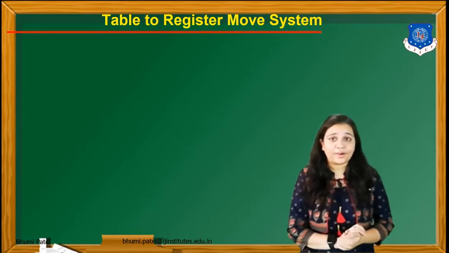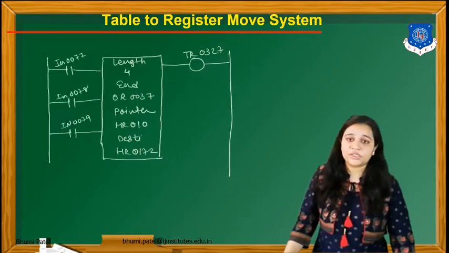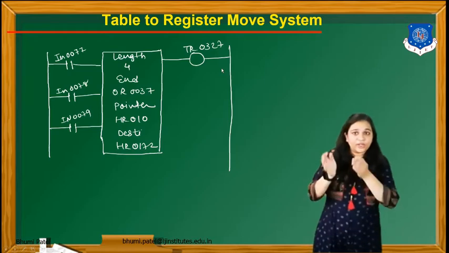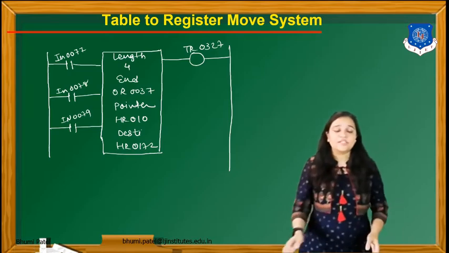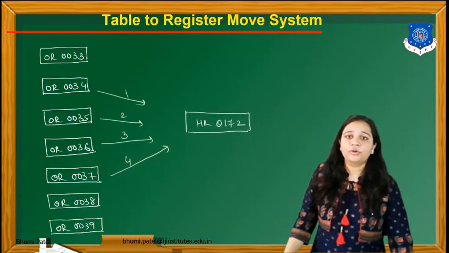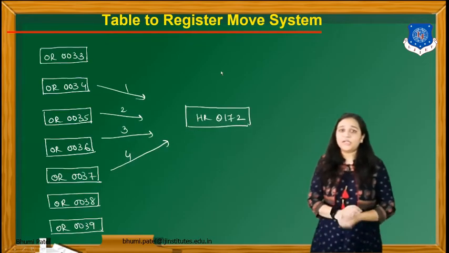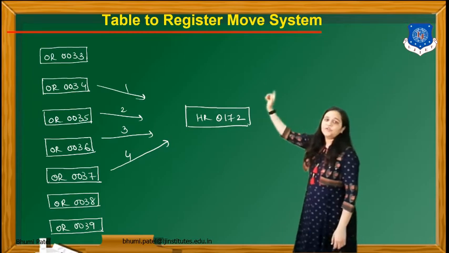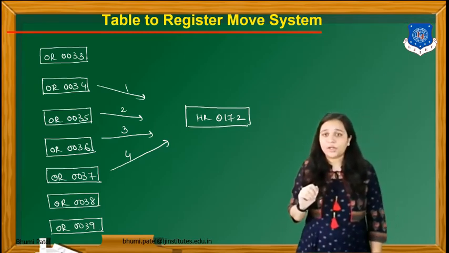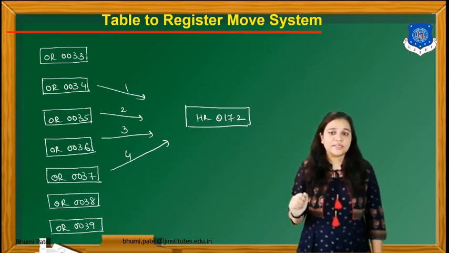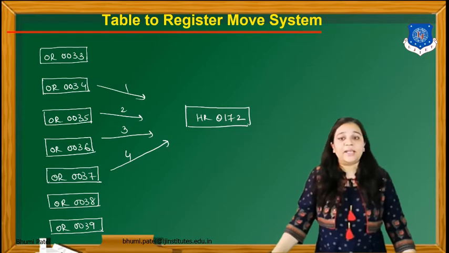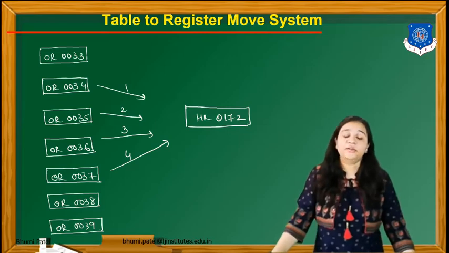Now next is the table to register move function. If we have to transfer a table to a register, that means one table is given and we have to transfer that table to the register. Suppose this is the diagram of the table to register move function. Here the table is given as OR0033, OR0034, OR0035, OR0036, OR0037, OR0038 and OR0039.